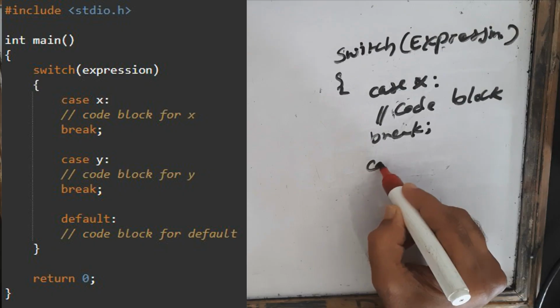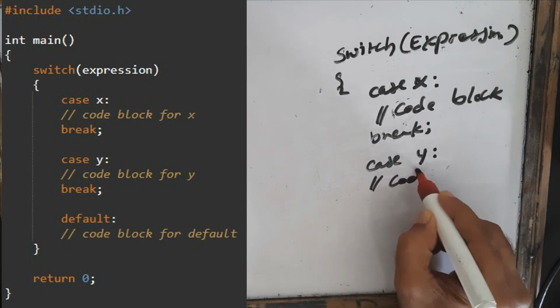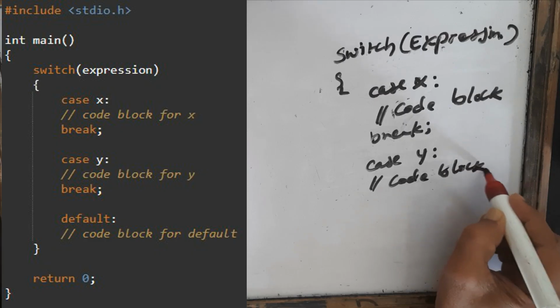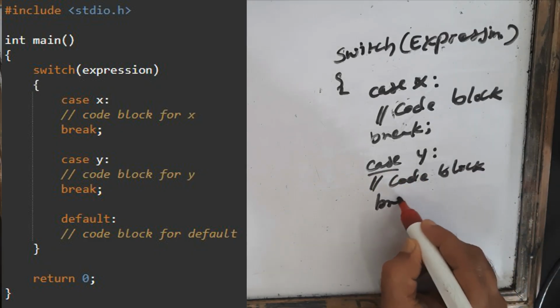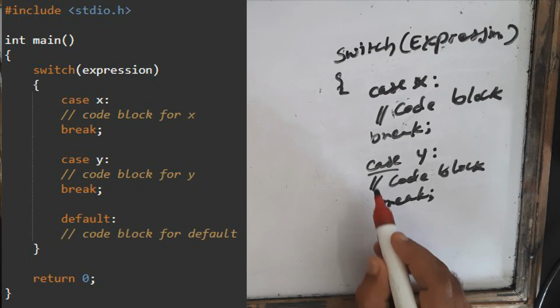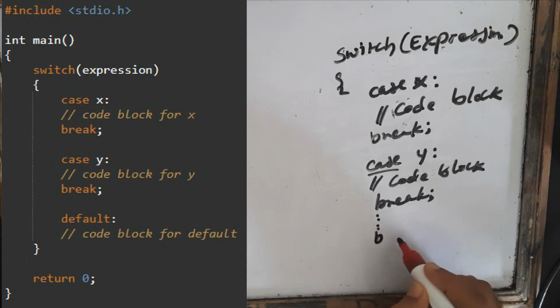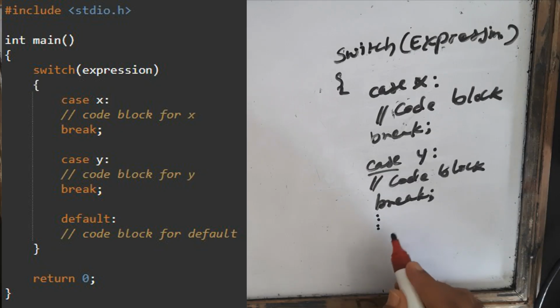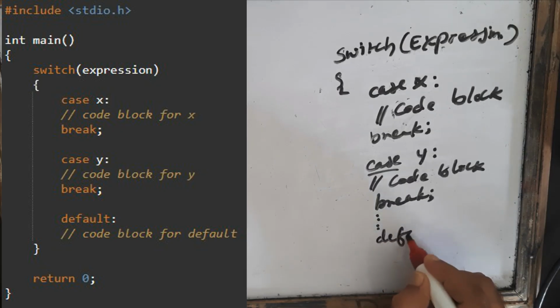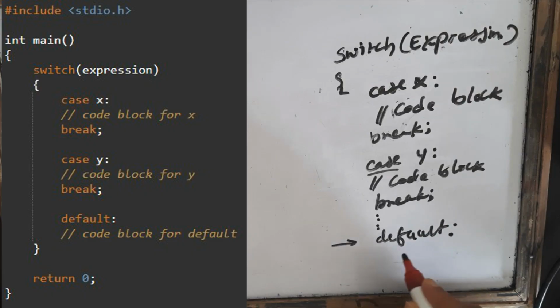This is break. Then we have case y, code block for case y. Then we have break. Then so on. You can write any number of cases you want based on requirement. Then comes the last case, or default case we call it. This is the default case. For default, no break needed, close the bracket.